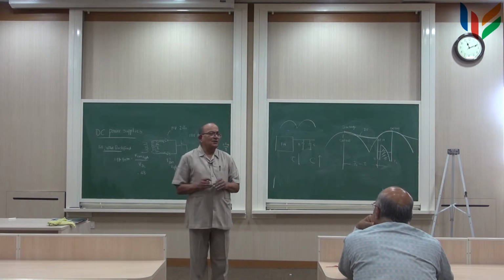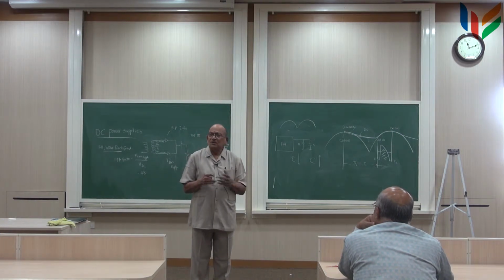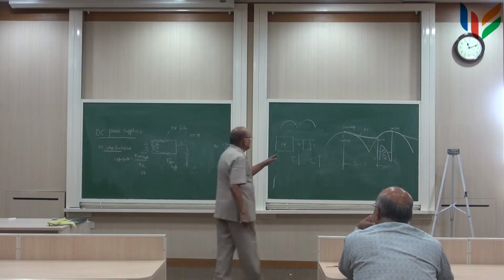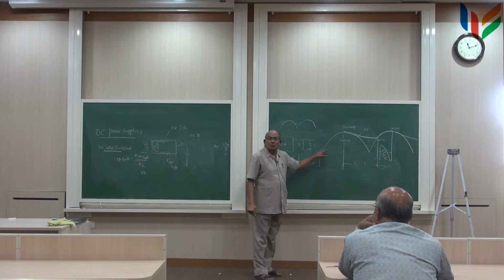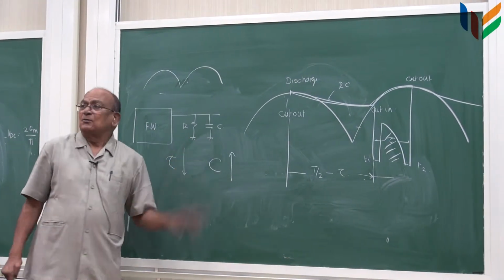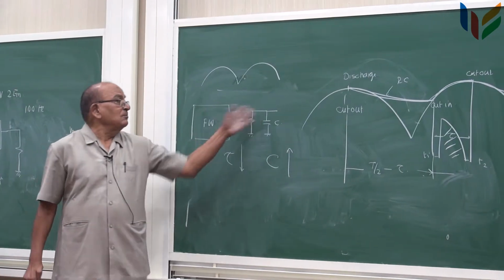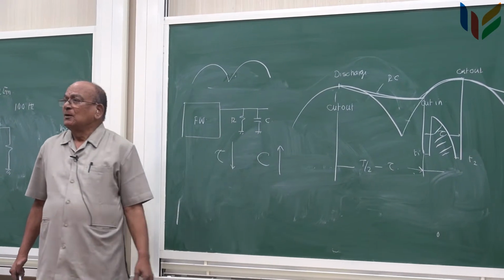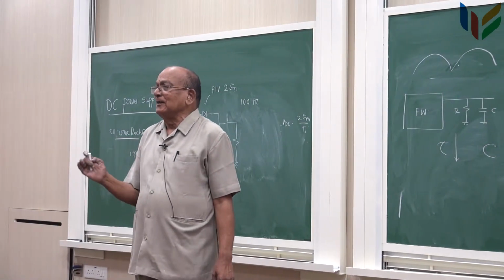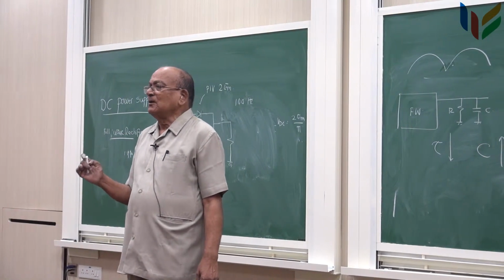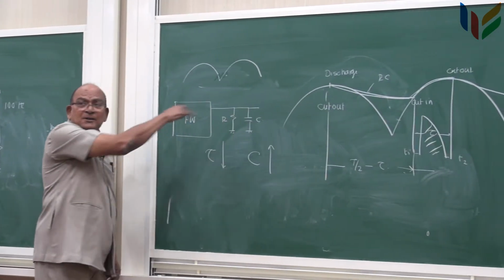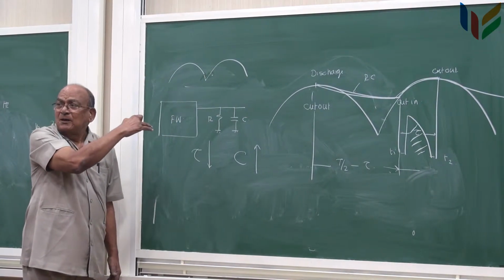And how much is the amount of charge it lost during the discharge time? Because during the discharge time the diodes are not giving any current. So the only current is coming from this capacitor to the load. The amount of current that is continuously drawn is some current to the load, let us approximate it by IDC, because continuously it has to draw IDC from the power supply.